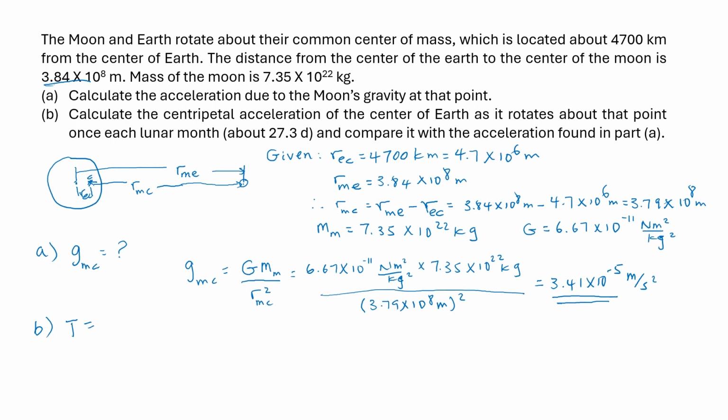The Earth is moving with a constant velocity around the common center, meaning this will be the trajectory of the center of the Earth around the common center. And how long does it take to complete one cycle? It takes 27.3 days.